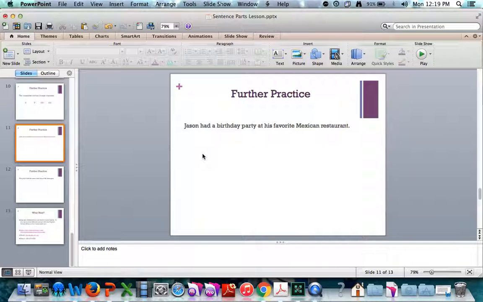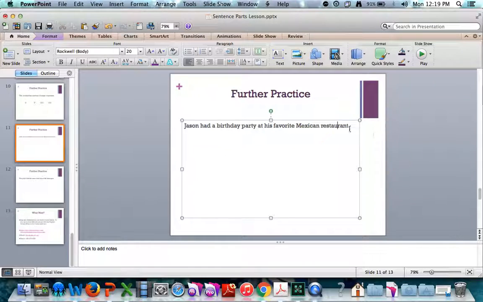Another sentence to practice on. Jason had a birthday party at his favorite Mexican restaurant. Jason in this sentence can be identified as our subject. Had is our verb, it's our action word. Had who, had what.